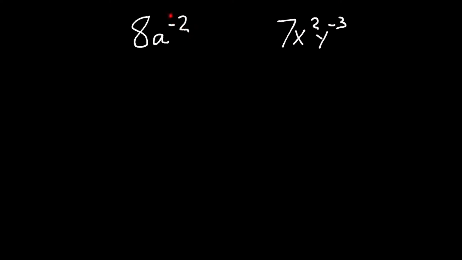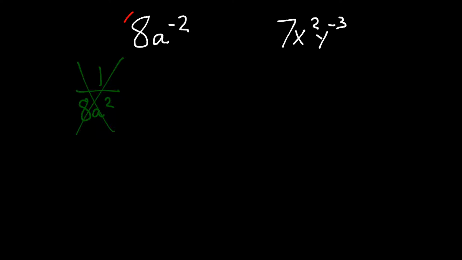We'll take what the exponent is attached to, and we'll put it in the denominator. So you might be thinking, oh, this is going to become 1 over 8a squared. And I would say to you, you are very, very close. But this is not correct. Because what is the exponent attached to?